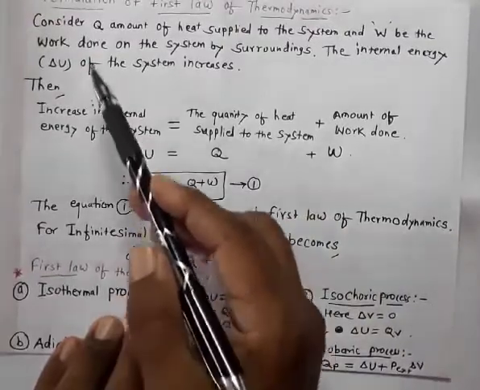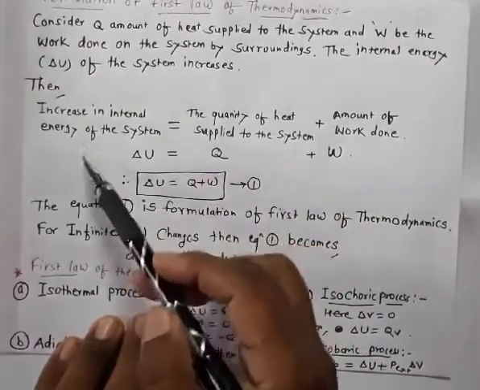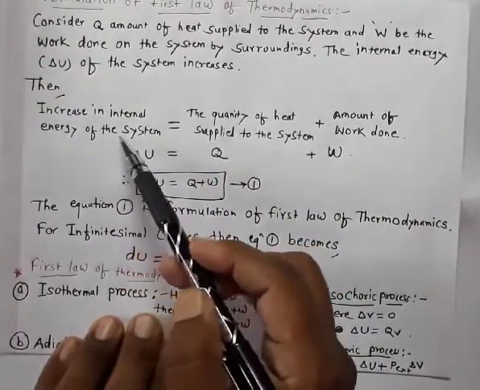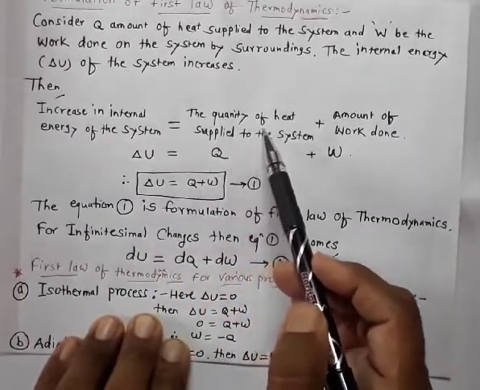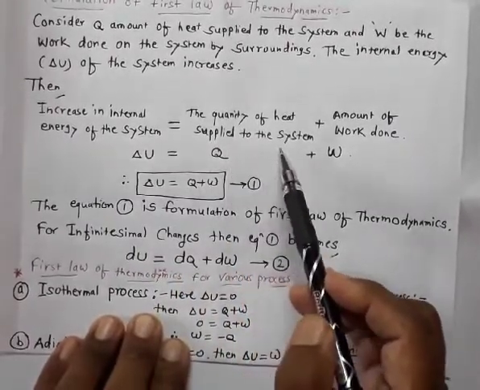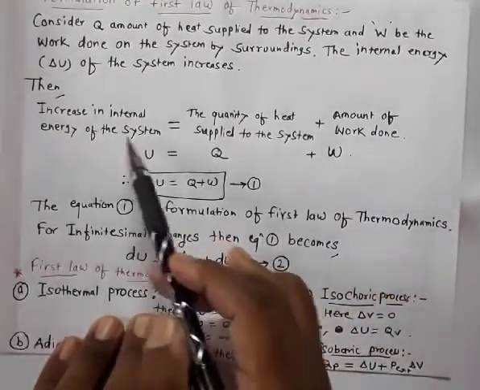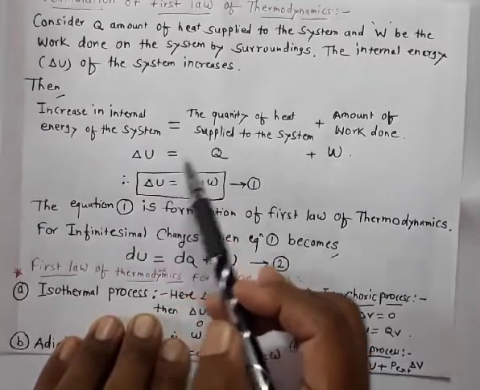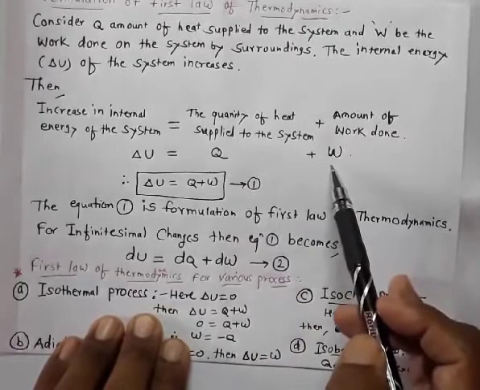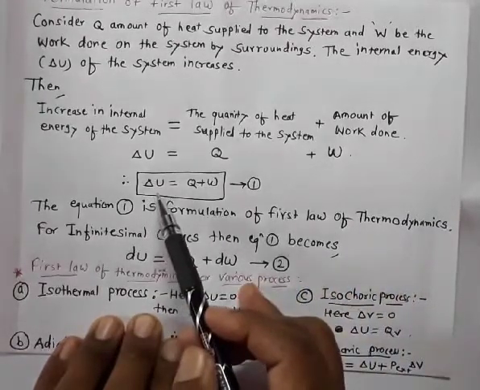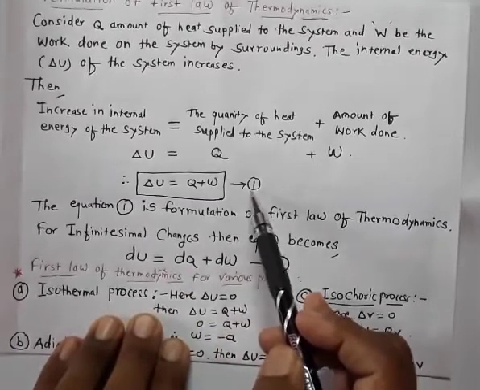Now according to this information, we can write the equation: increase in internal energy of the system is equal to the quantity of heat supplied to the system plus the amount of work done. So increase in internal energy is delta U, amount of heat is Q, and amount of work is W. The equation becomes delta U is equal to Q plus W. This is equation 1.